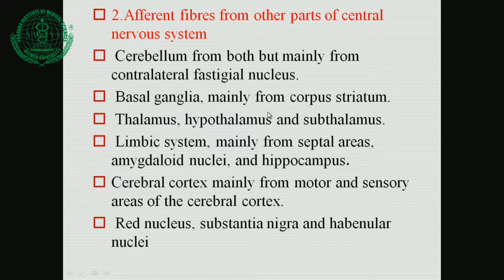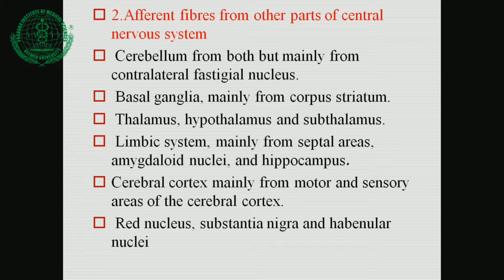Thalamus, hypothalamus and subthalamus. Limbic system, mainly from septal areas, amygdaloid nucleus and hippocampus. Cerebral cortex, mainly from motor and sensory areas. Red nucleus, substantia nigra and reticular nuclei. These are the second variety of afferent fibers.